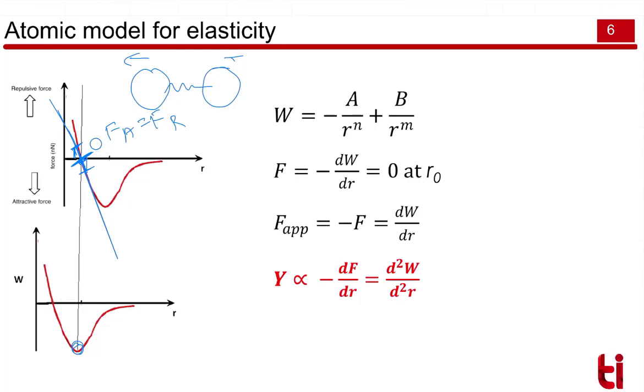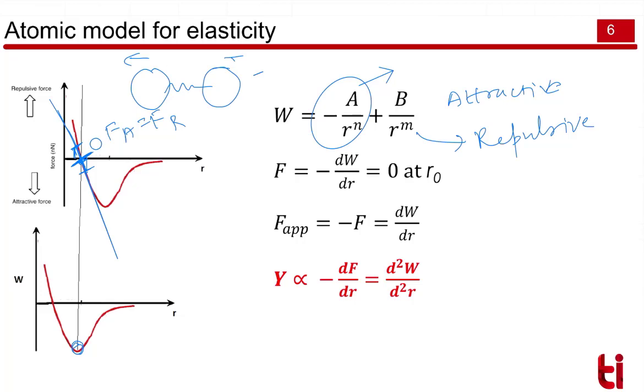A typical potential energy equation for this kind of bond is W equal to minus A by R to the power n plus B by R to the power m. This is the attractive energy term, and this is the repulsive energy term, which is due to the mutual repulsion of atoms at very close distance of approach.